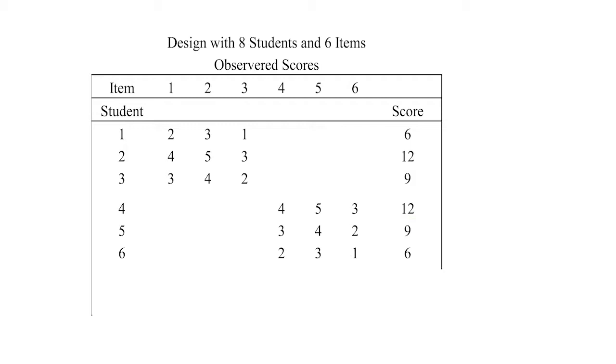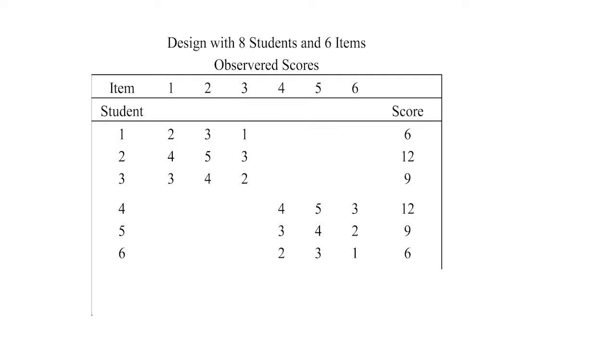Now there are 2 steps that we have to take. First of all, in order to compare these 2 scores, we have to collect some additional data. These additional data are collected to link the design, to somehow create some kind of link between the 2 data sets.